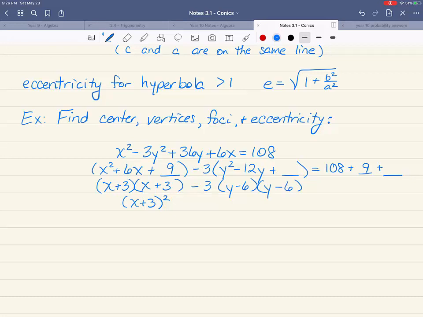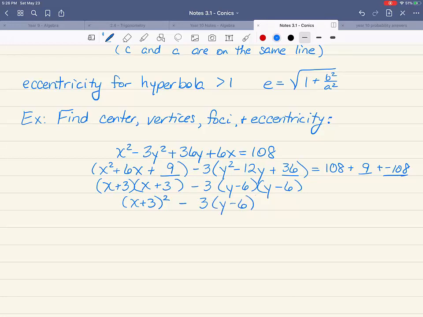The number on the blank is a positive 36. However, the number on the other side is not a positive 36. What is it? It is -3 times 36, which is -108.